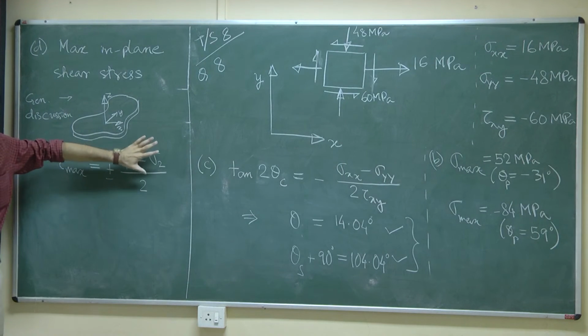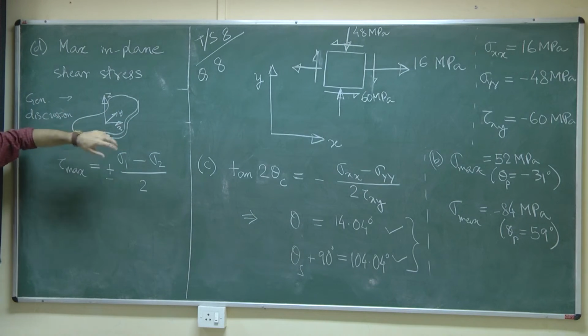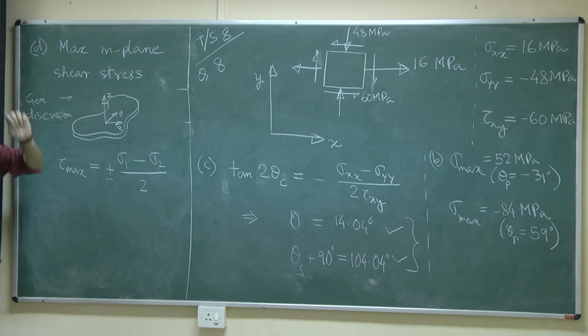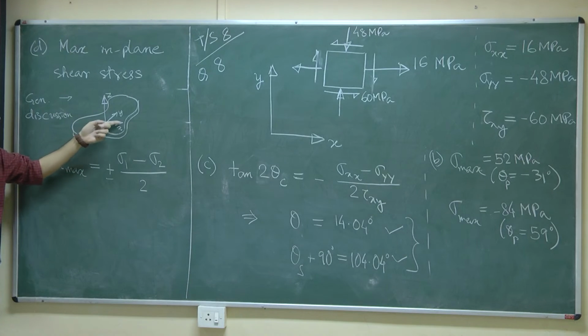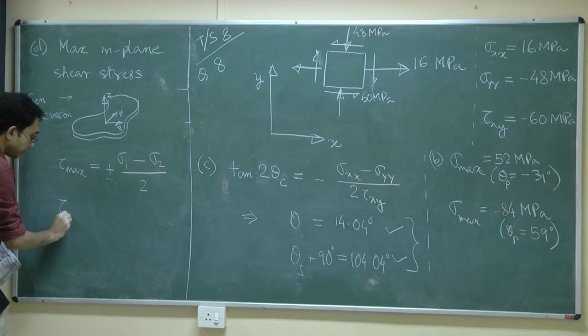All of this was taking into consideration all the information that we have from sigma xx, sigma yy and tau xy. But you note that in the direction perpendicular to the xy plane, that is the z direction, there is no stress. So suppose we were to orient a two-dimensional stress element in the xz plane, would we not obtain something like this?